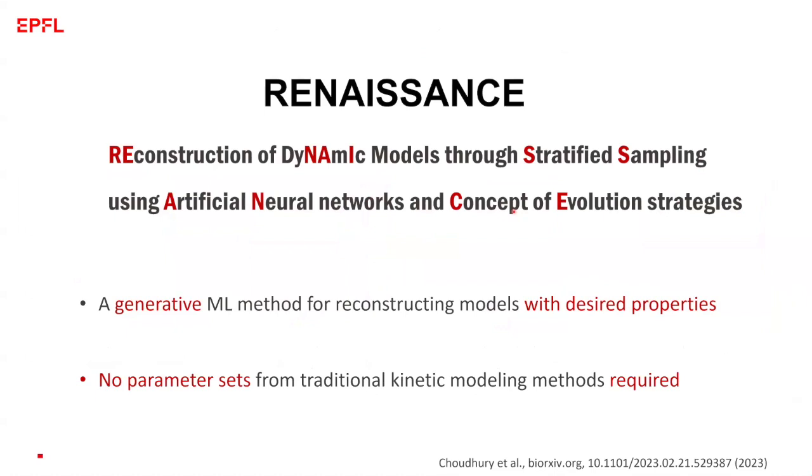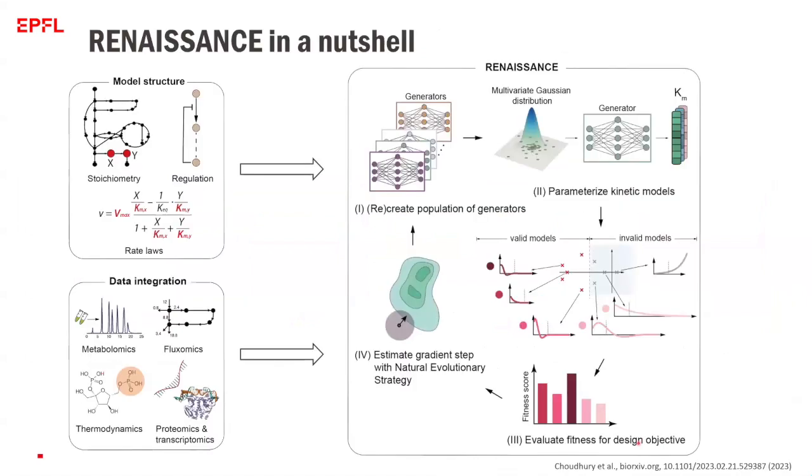So you have to establish stoichiometry, put in regulatory interactions, you take your rate laws, and then you do the data integration. So omics data. And once you have, to say, a scaffold of your model, then you use these natural evolution strategies where you create randomly in the beginning these generators.